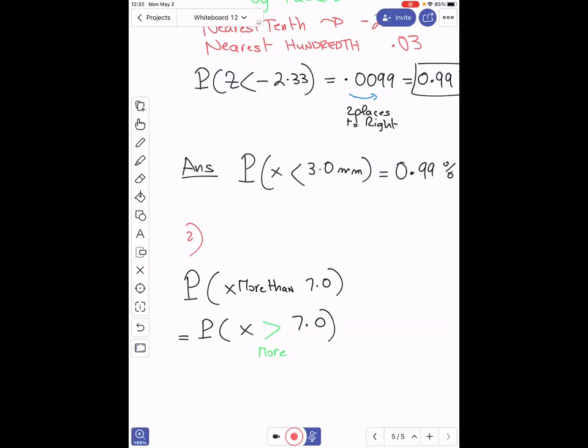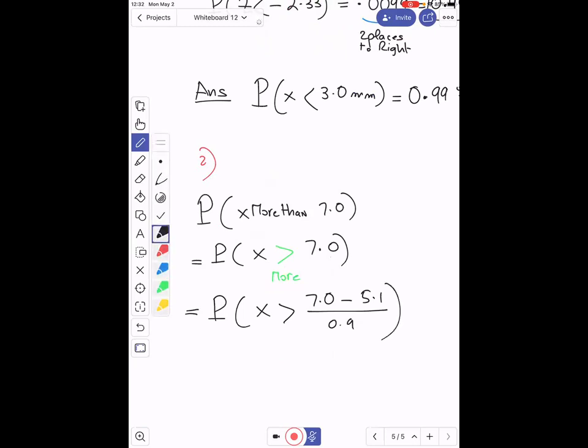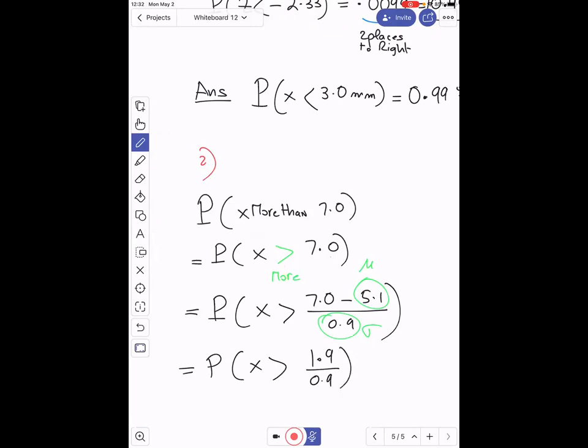So we convert X to Z. Let's convert this X to Z using the same formula. This 7.0 minus mu, which is given as 5.1, over sigma, which is 0.9. Subtract first: 1.9 on the top, 0.9 in the denominator.